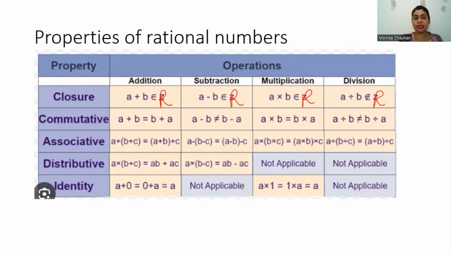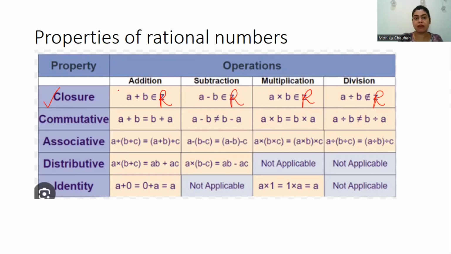So the first one is our closure property. Now what is closure? Closure, if you see here, says that under addition, A plus B. Now what is A and B? Any two numbers. When we need to prove something, we will not necessarily take a very high number, because a simple natural number is also a rational number. So it will help you understand very quickly.